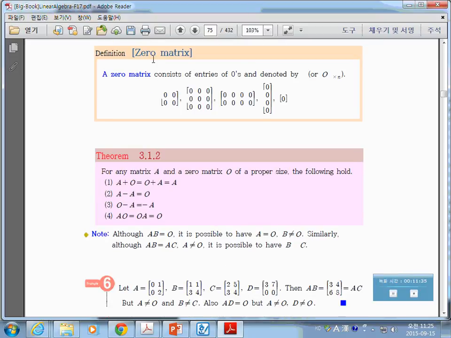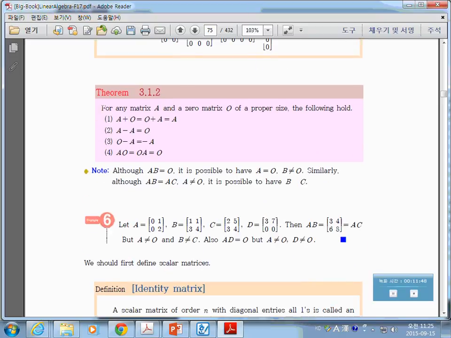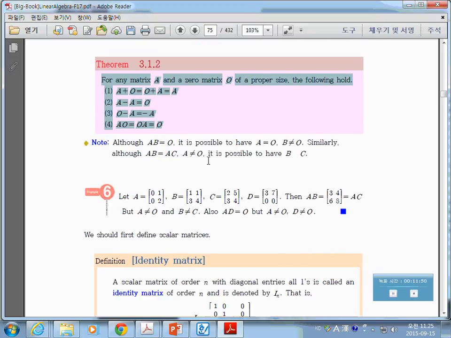Also, the zero matrix: the matrix whose entries are all zeros, of any size, is called the zero matrix. And the zero matrix holds these properties. If you add the zero matrix to any matrix, it does not change. Subtracting the same matrix from a given one gives a zero matrix.